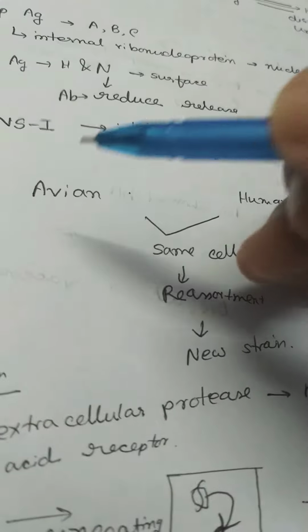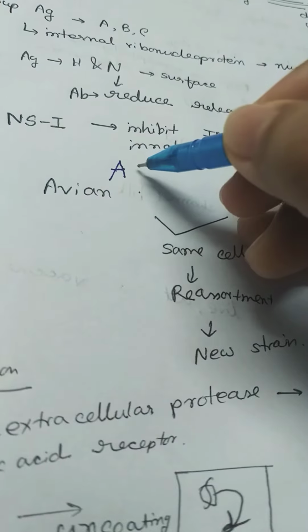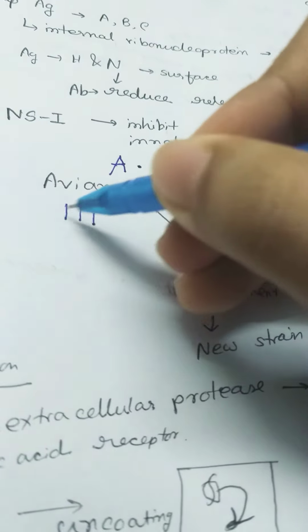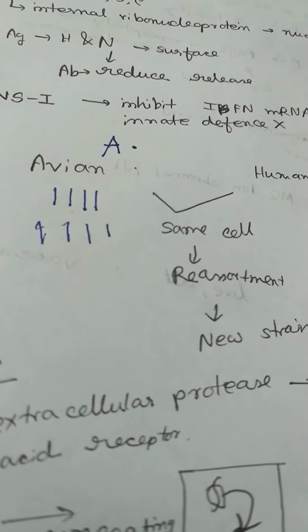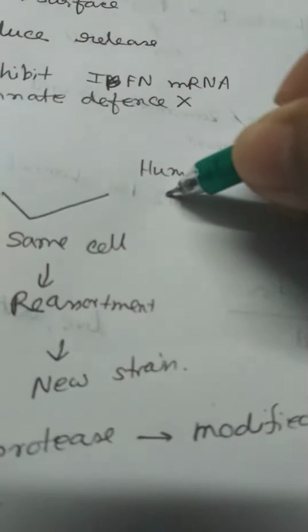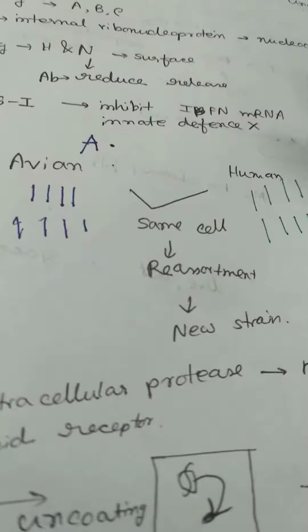One example of reassortment can be seen. I have already told you that influenza virus type A causes disease both in animals and in humans. So this is avian influenza virus containing segmented RNA, the genome RNA has 8 segments, and human influenza also has 8 segments.